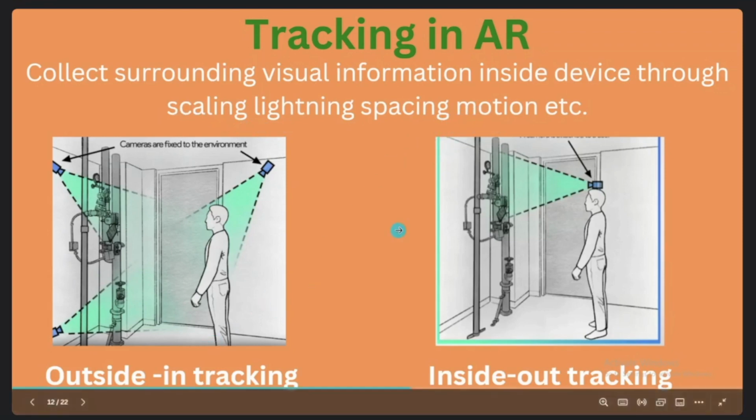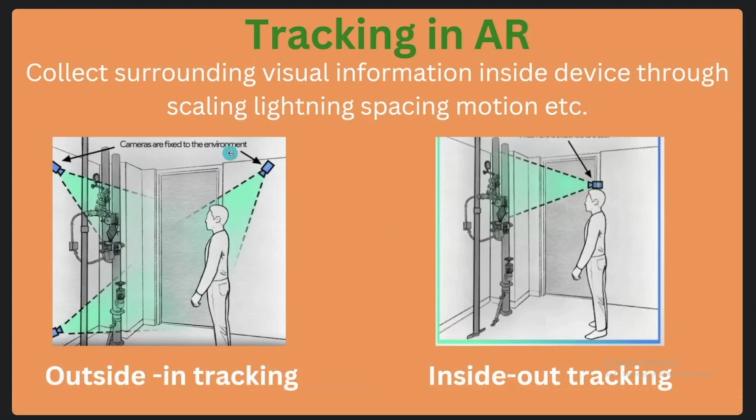So what are the types of tracking? There are two types: outside-in tracking and inside-out tracking. In outside-in tracking, the cameras are fixed in the environment, so the devices are outside and we create the experience from outside in.